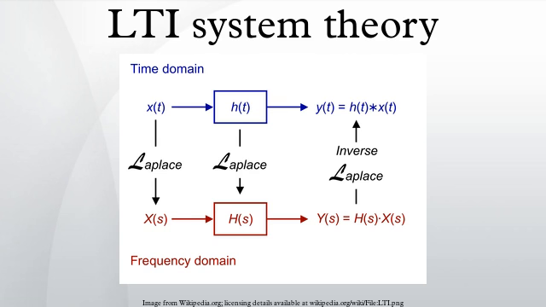Exponentials as eigenfunctions. An eigenfunction is a function for which the output of the operator is a scaled version of the same function. That is, where f is the eigenfunction and lambda is the eigenvalue, a constant. The exponential functions e^(st) are eigenfunctions of a linear, time-invariant operator. A simple proof illustrates this concept. Suppose the input is e^(st).